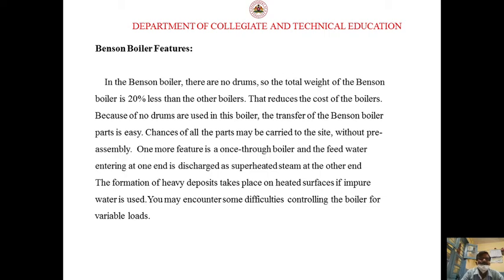Still, the future is good for this Bunsen boiler: less weight, simple, easy, and a high rate of electricity can be generated.